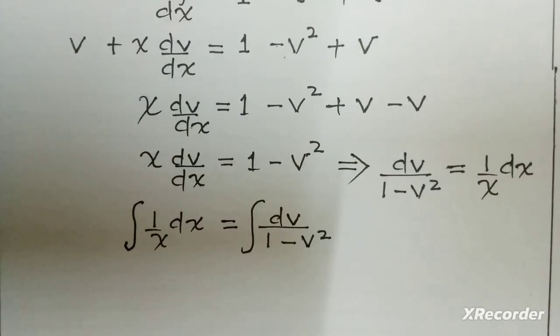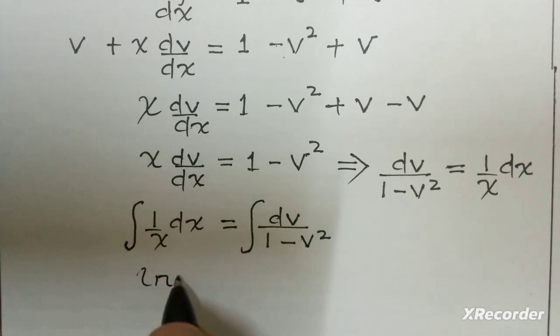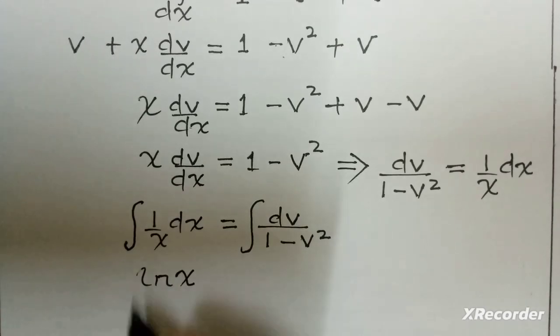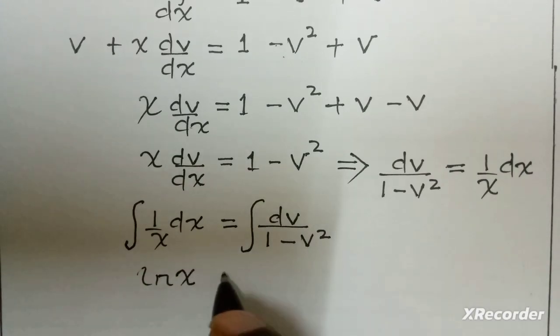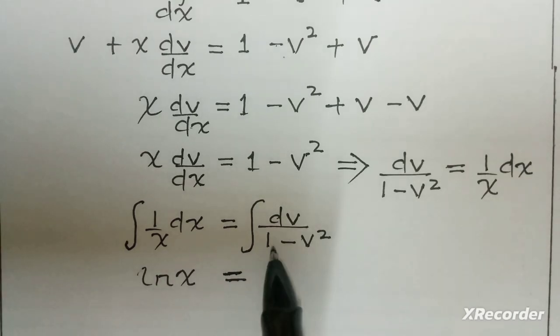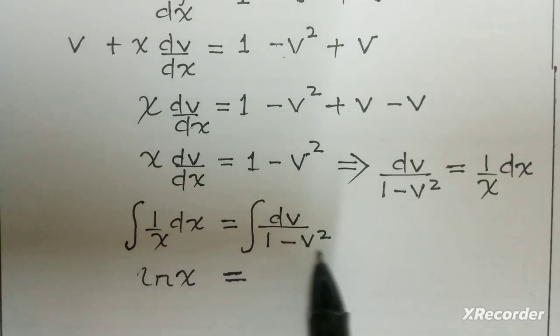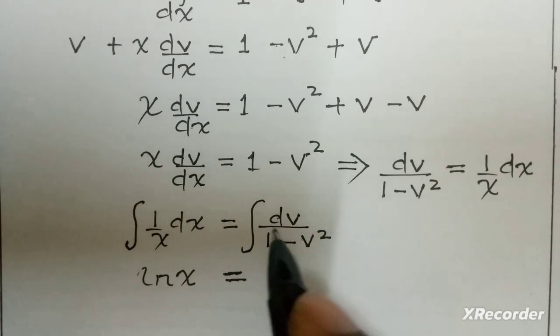So for this side, we will have ln x as our integration for 1 over x dx. The other side we can make it to be partial fractions, for this is the difference of two squares. So we shall have something like this.